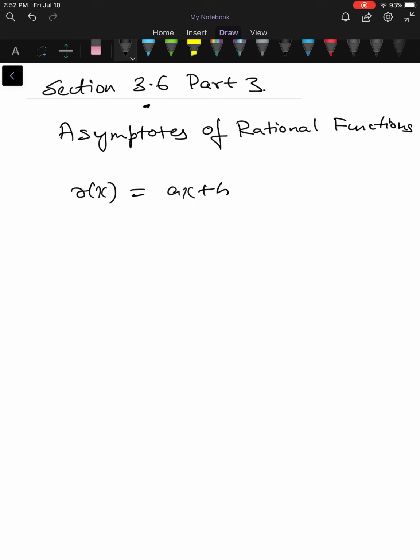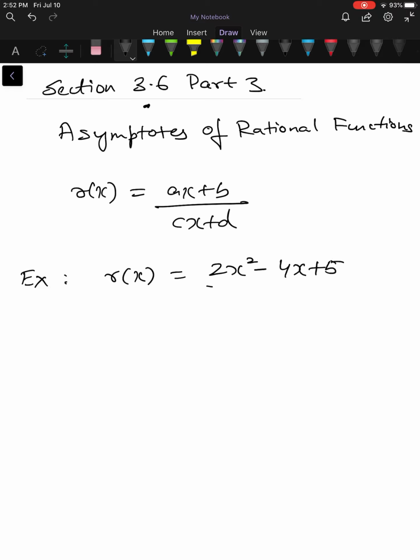ax plus b divided by cx plus d. Let us do an example. Given a function r of x equal to 2x square minus 4x plus 5 divided by x square minus 2x plus 1.